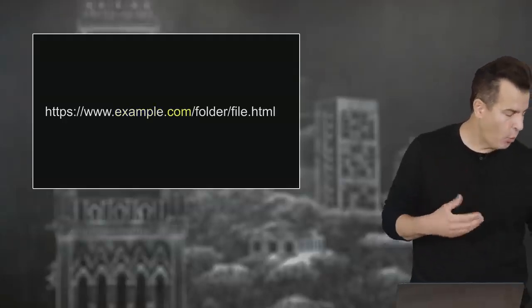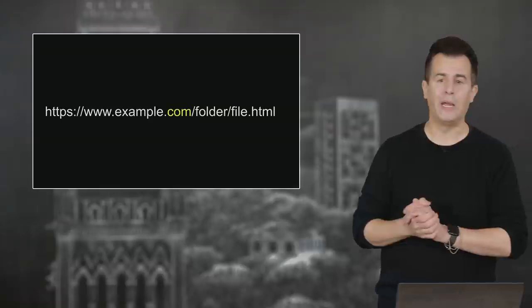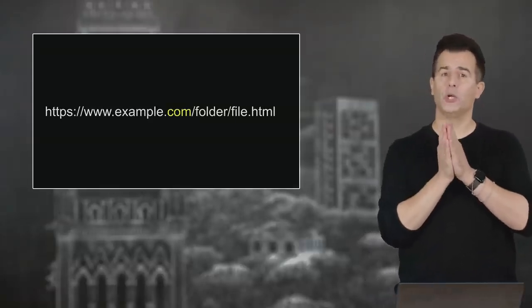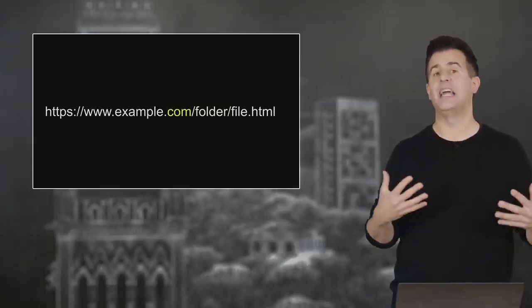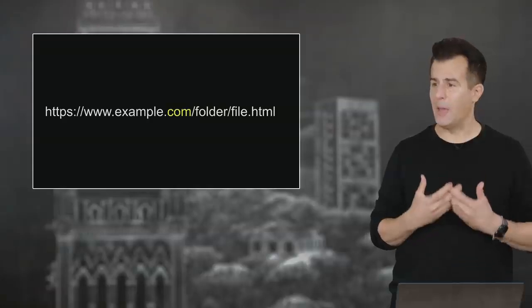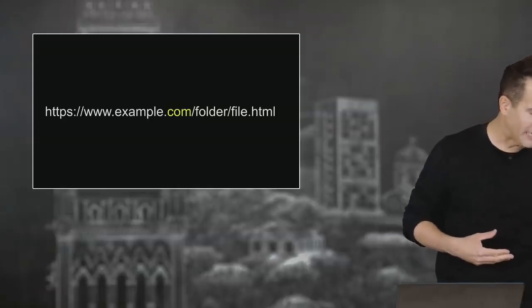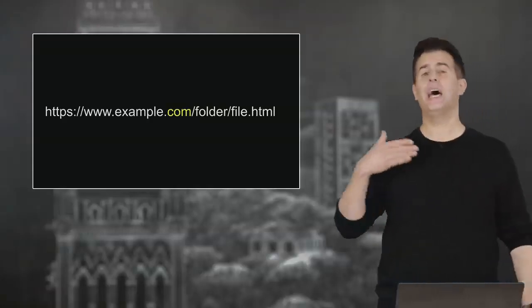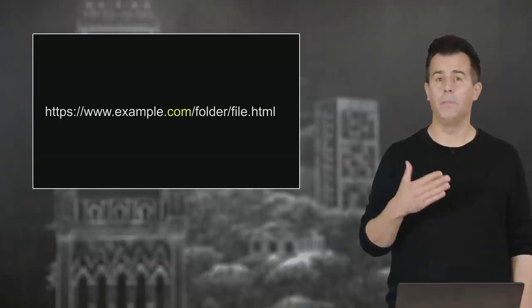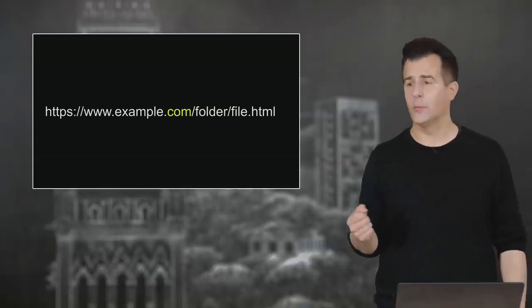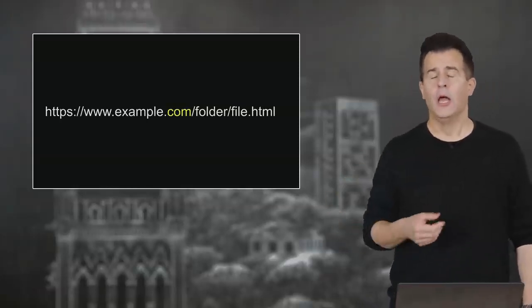But lastly, there's one other piece of jargon that's worth knowing. The last part of these fully qualified domain names is known as the TLD, or top level domain. And that is what generally, historically indicated what type of domain it is. In the US, .com means commercial, .gov means government, .org means organization.